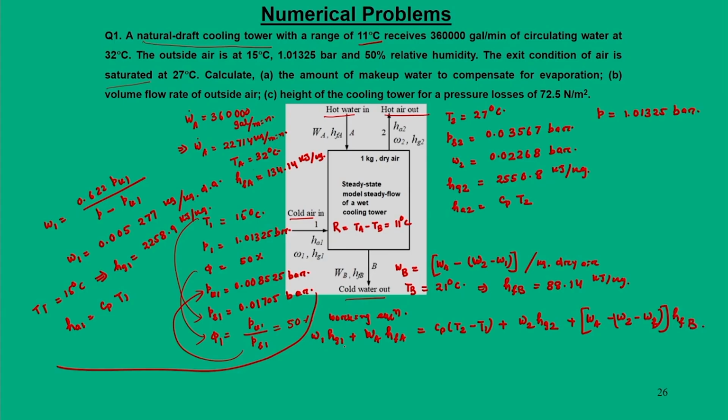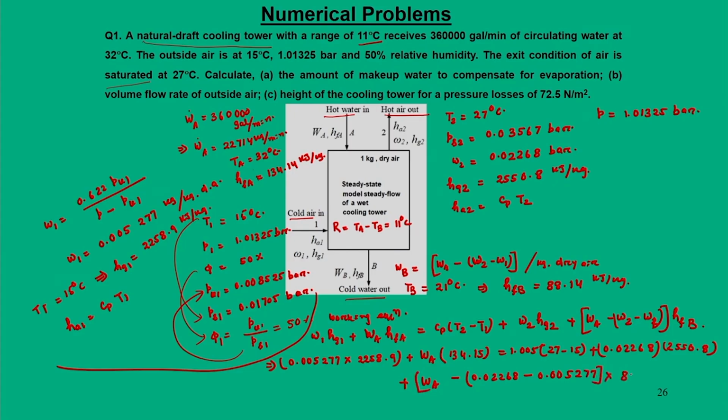So in these equations we have all the data, that is 0.005277 into Hg1 is 2258.9, WA is unknown, HFA is 134.15, is equal to 1.005, T2 minus T1 is 27 minus 15, plus omega 2 is 0.02268, Hg2 is 2550.8, plus WA minus omega 2 minus omega 1, that is 0.02268 minus 0.005277, entire multiplied by 88.14.